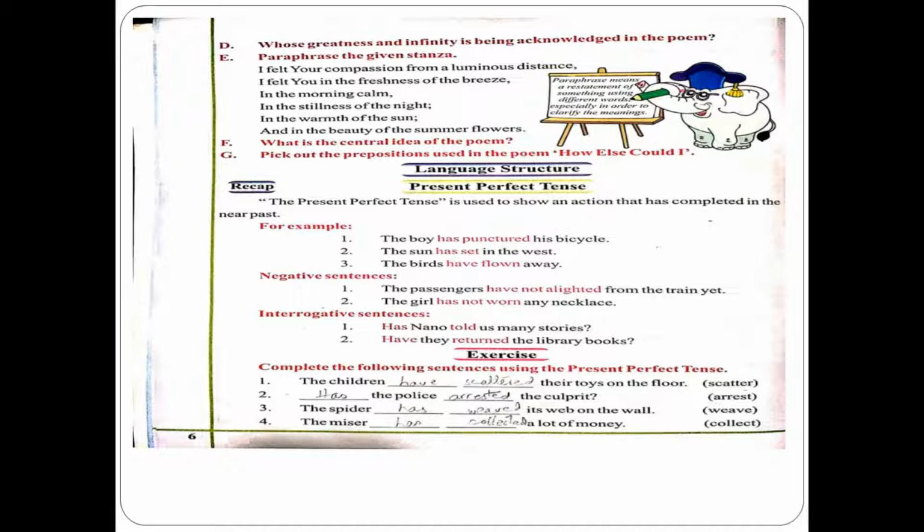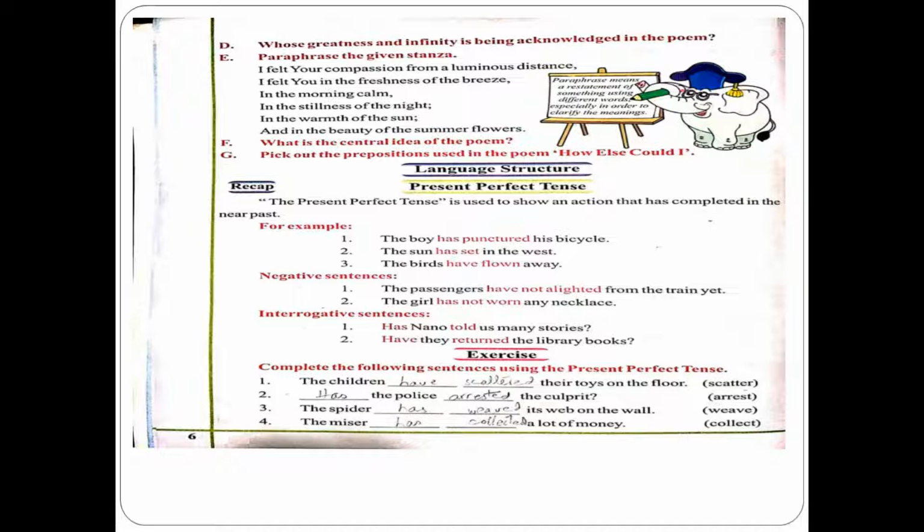In present perfect tense, two forms of helping verb are used. One is has and the other is have. Has is used with he, she, it and singular noun, and have is used with remaining subjects. And we always use third form of verb.